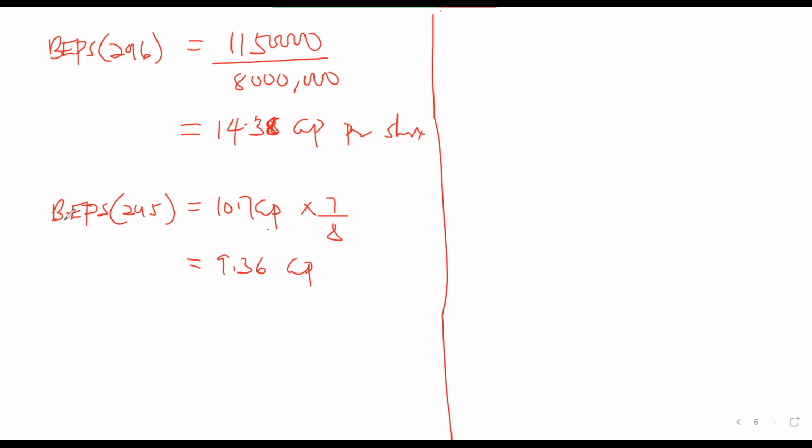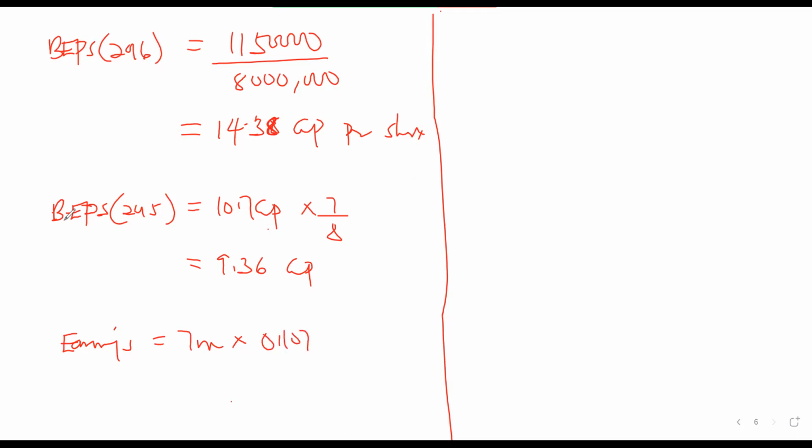Okay, this 9.36 GP, you can decide to find it like this. You can find the earnings first. How do you find the earnings for the last year? The earnings for the last year will be the number of shares multiplied by this value. So you'll be having 7 million, and this one change it to pesos rather, so that would be 0.107.